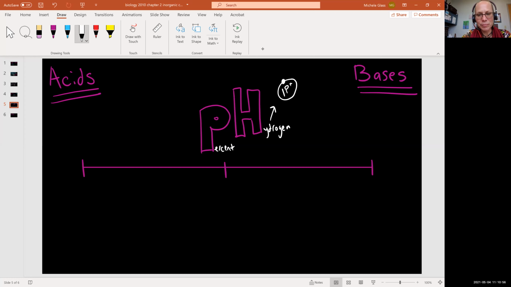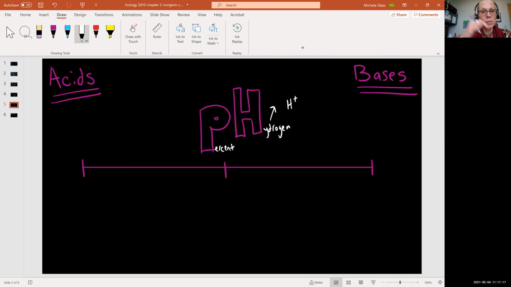So this is very much a reactive atom. Very often what we actually have is just a proton, and so we can represent our hydrogen as an ion, H+.